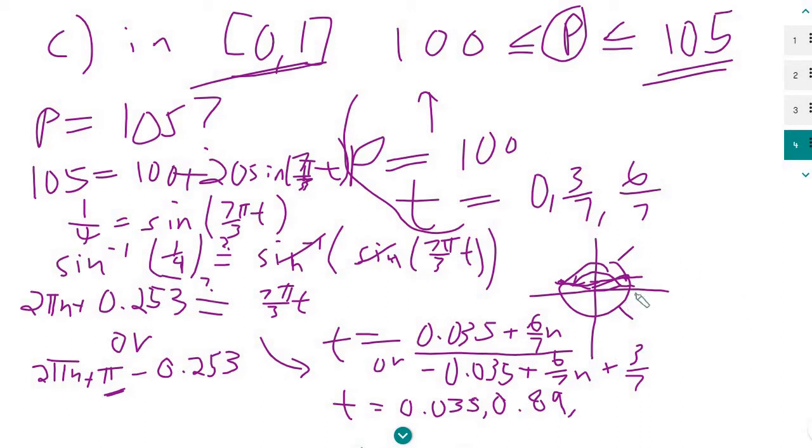And then I calculate that as 0.39. Okay, so that's going to be another good answer. Okay, so that was for n equals 0. What about n equals negative 1? That's not going to work because that will be negative. What about n equals positive 1? That will be too big, okay, because that will be greater than 1. All right, so those are going to be the 3 answers for p equaling 105.